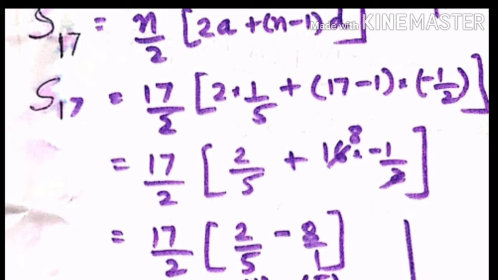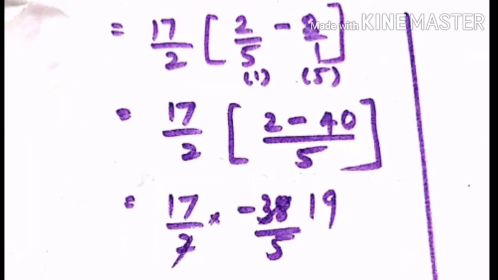That way in the numerator upon 5. So here we get 2 minus 40 upon 5 in the bracket, and solving it we get minus 38 upon 5. So you can see 17 by 2 multiplying minus 38 by 5, by cancelling 2 19s are 38, and multiplication of 17 and minus 19 upon 5, that is your sum of 17 terms.